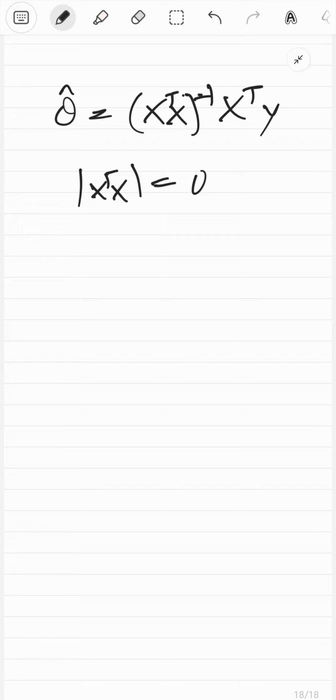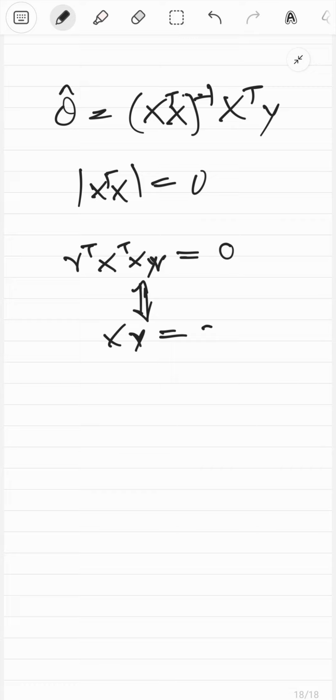Now it just so happens that for any vector v, v transpose X transpose X v is bigger than or equal to 0, and equality only happens if Xv is equal to 0. That is to say, v is in the null space of X, right? This is just because X transpose X is a positive semidefinite matrix and all that stuff, but whatever.